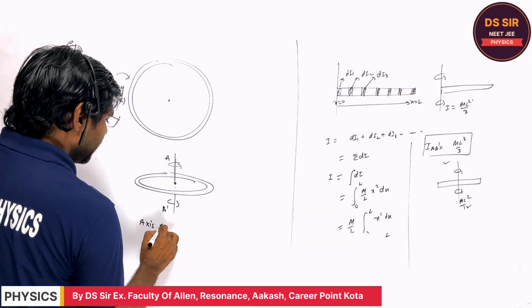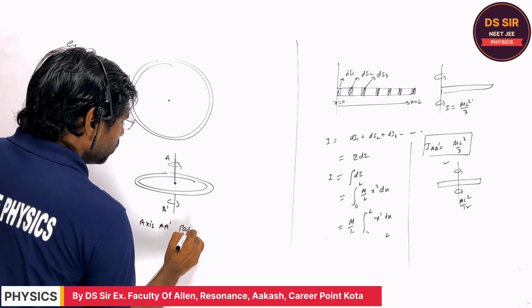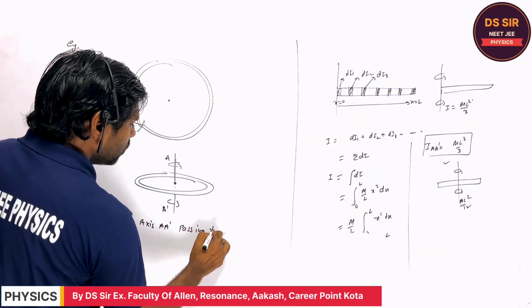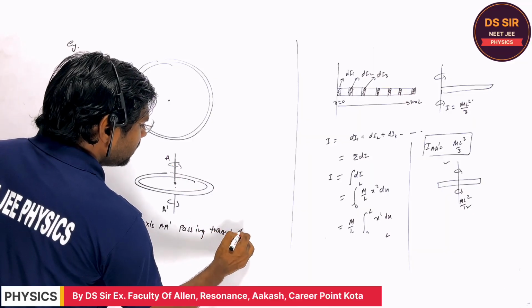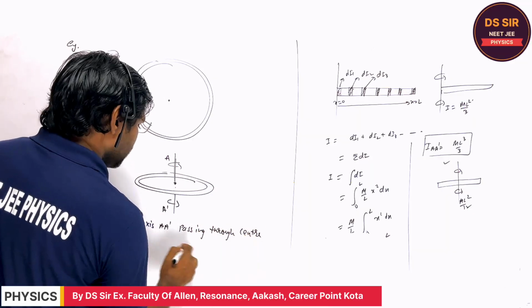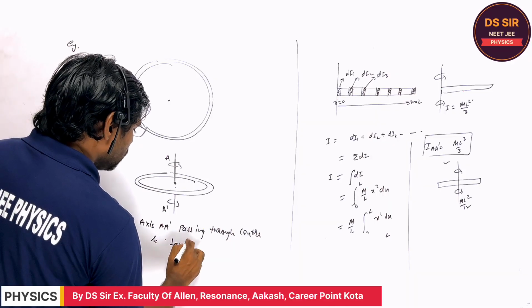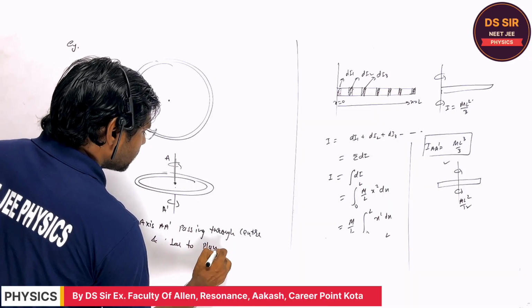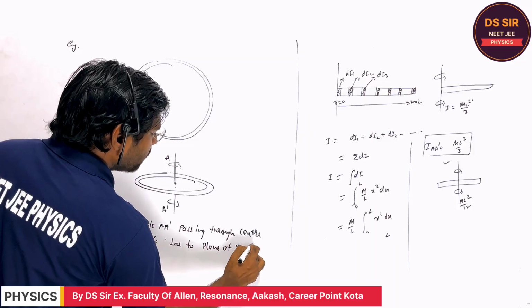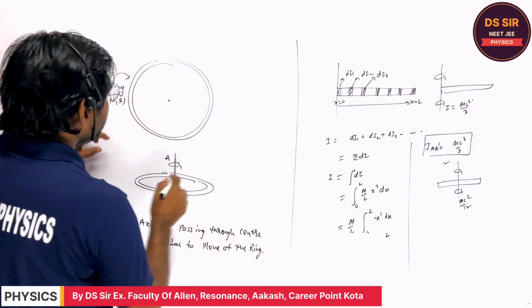Axis AA dash passing through the center and perpendicular to the plane of the ring, because the axis may be like this.